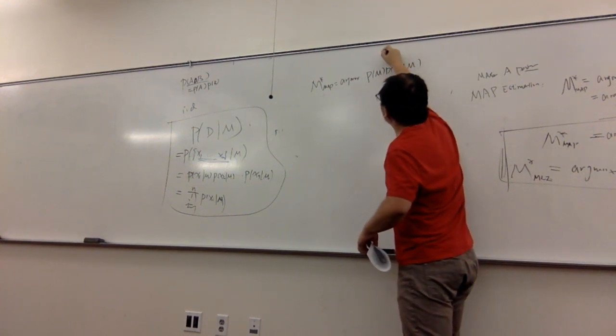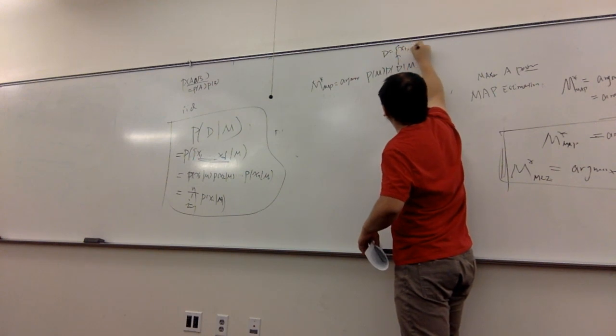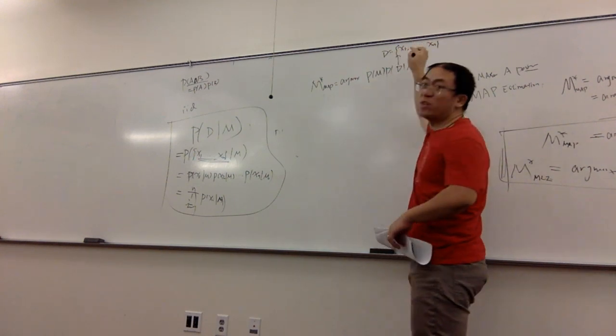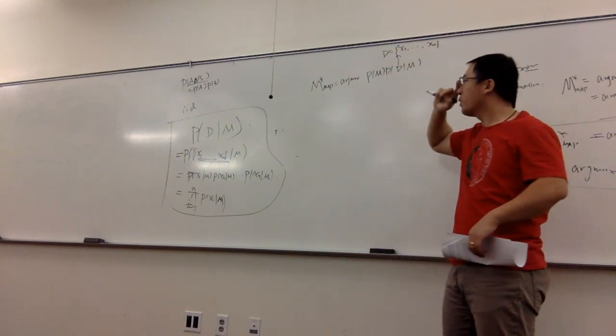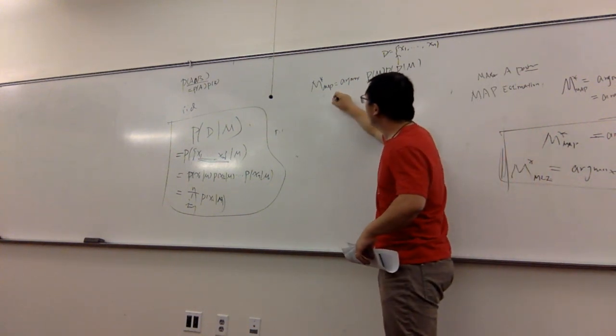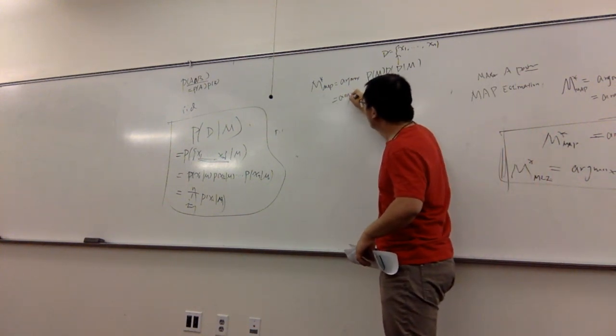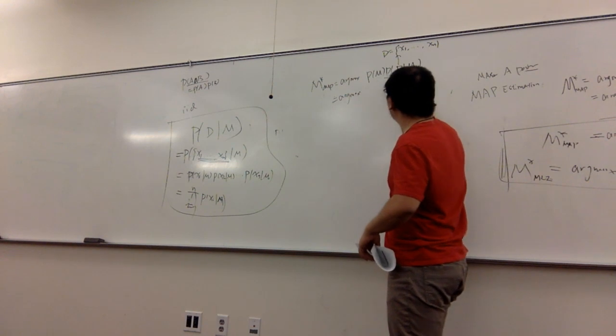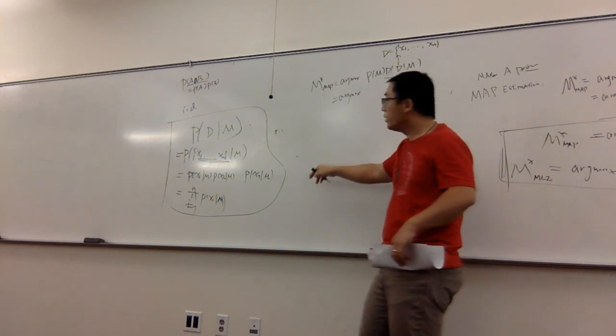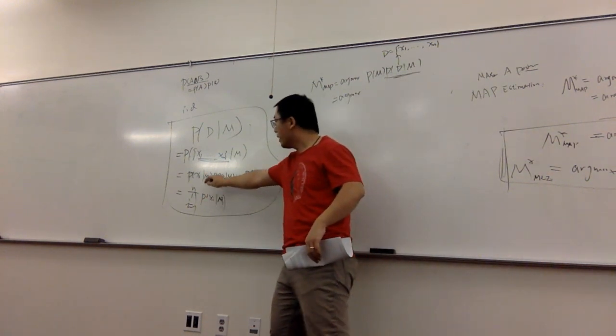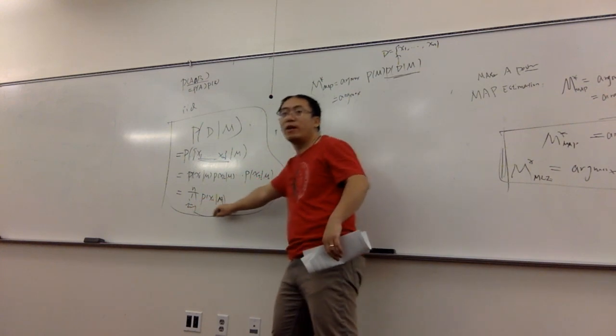We know that the data consists of a set of data points x1 to xn. According to the IID assumption, this likelihood is actually a product term here, right?